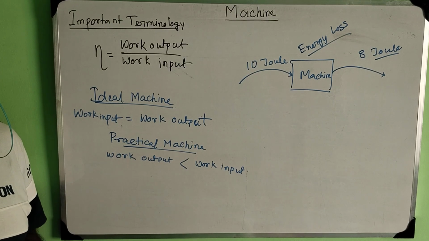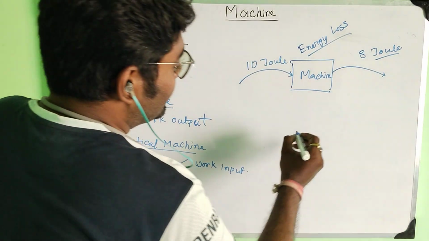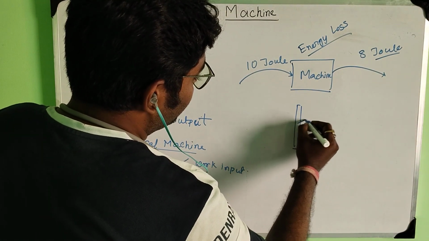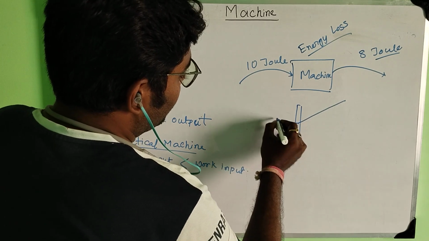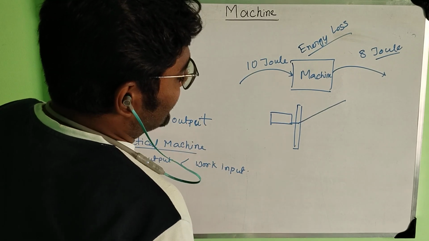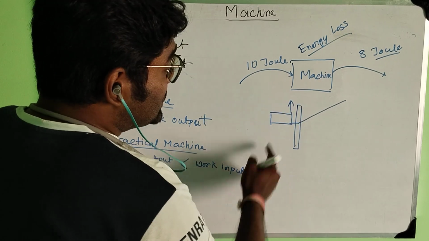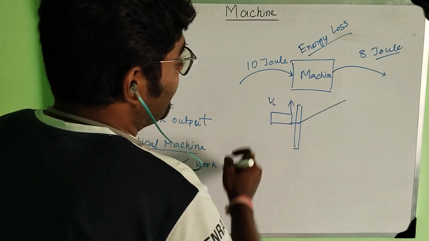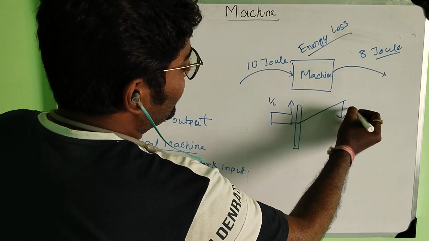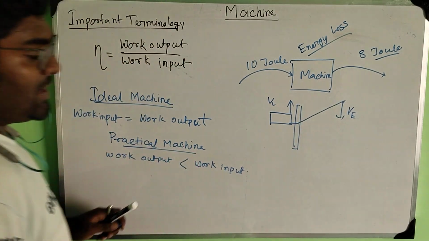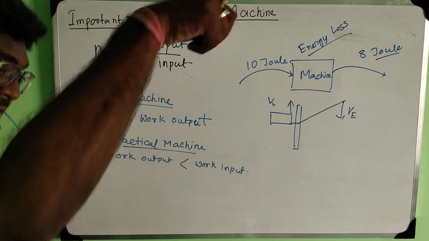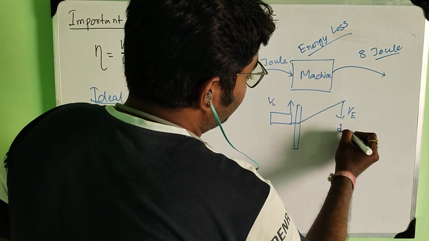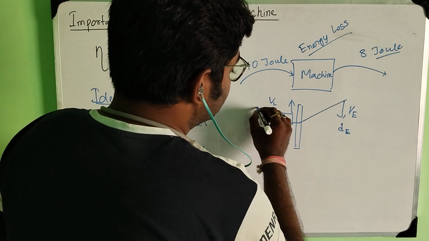Now the very important point you have to notice: in case of a jack screw, the displacement of the load is very small, but the displacement of the effort is very large. That means we put in less effort, but over a very large displacement.